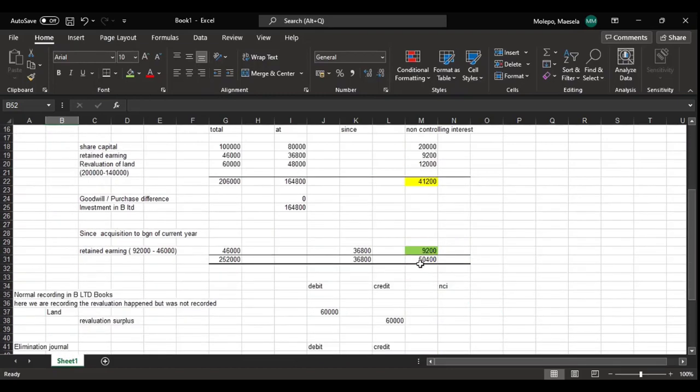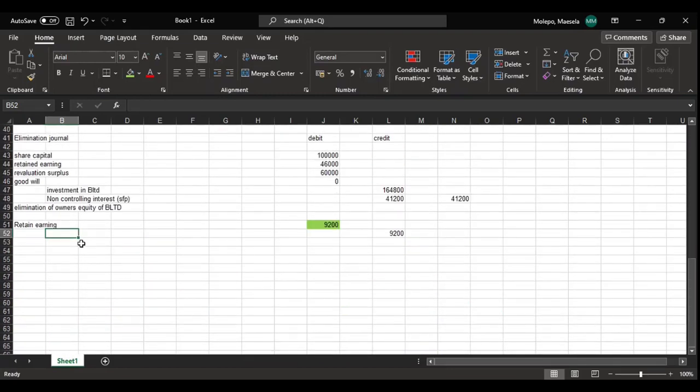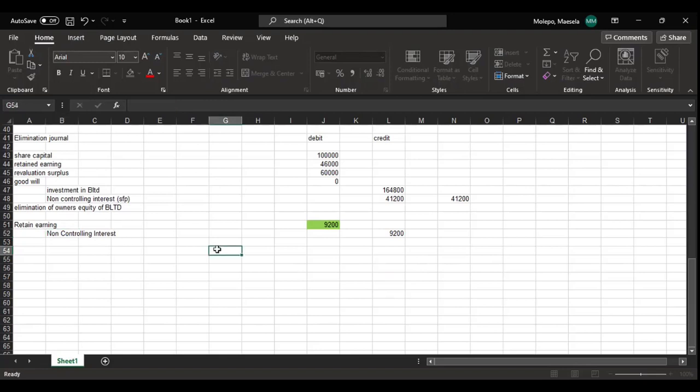The non-controlling interest. Then it means that is also eliminated. We are done with it. Then we say the record, it will be record of non-controlling interest on the date. That will be the narration.